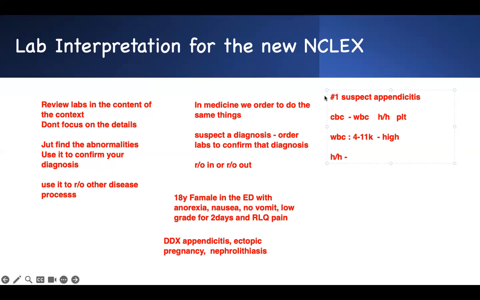Just look at it briefly if you think it's appendicitis, and see if it's normal. When it's normal, I know that this has to be appendicitis. With the platelets, sometimes when you have inflammation, it goes up, but you should expect it between about 150,000 and 450,000. Like I said, don't bother too much with normal values.